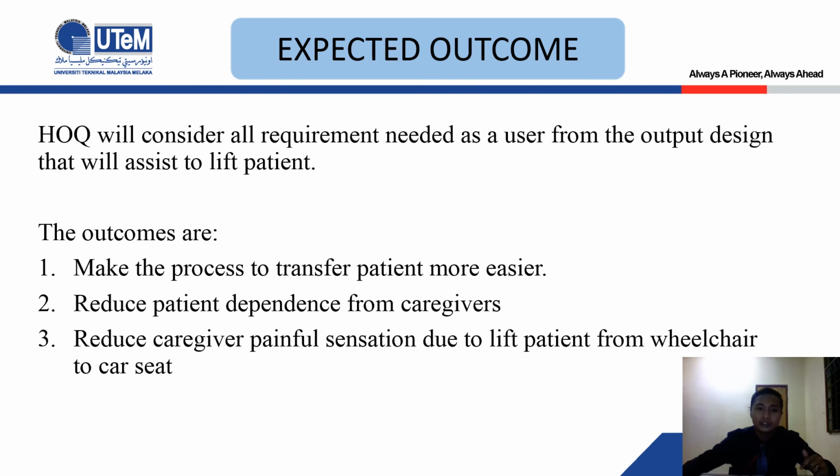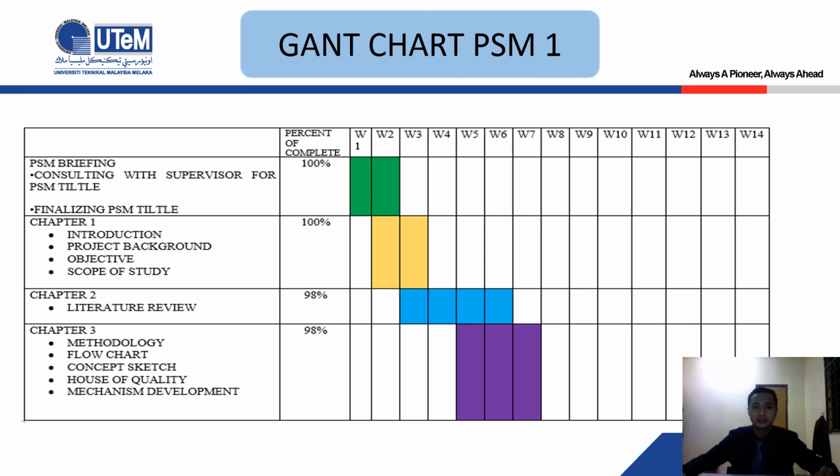So the HOQ will consider all the requirements needed by a user from the output design that will assist in lifting the patient. The outcomes are: make the patient transfer process easier. Next, reduce patient dependence on caregivers. Third, reduce caregivers' painful sensation due to lifting the patient from the wheelchair to the car seat.